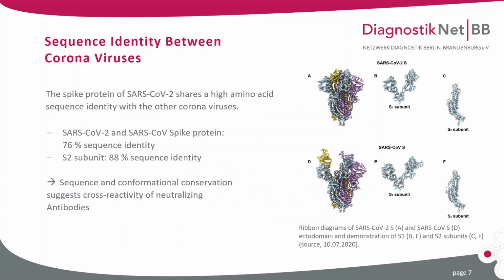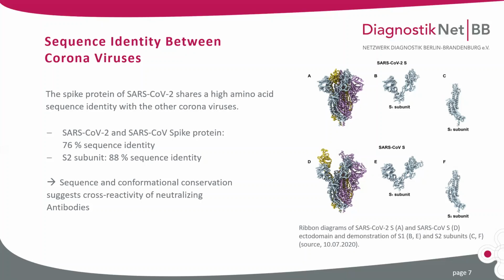And also, if you look at this, the spike protein of SARS-CoV-2 shares a high amino acid sequence identity with other coronaviruses. So SARS-CoV-2 and SARS-CoV, again to compare them, have a 76% sequence identity, and the S2 subunit 88% sequence identity. So this is definitely a task where routine diagnostics has to differentiate very, very precisely.